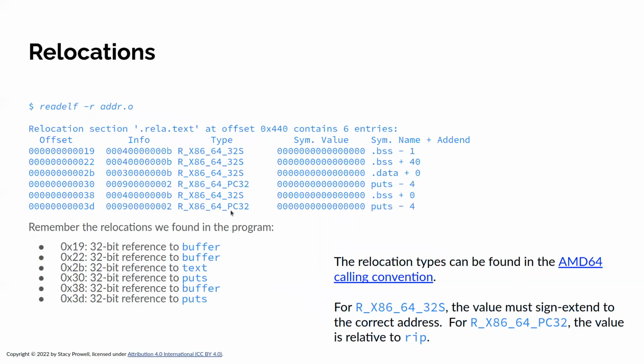And you see that 2 of these are relative to RIP, and those are the ones that point to puts. The rest of those we expect to sign extend. So we expect them to be within a value that fits in 4 bytes, within a 2 to the 31 byte offset. Yeah, I'm saying this terribly. Sorry.